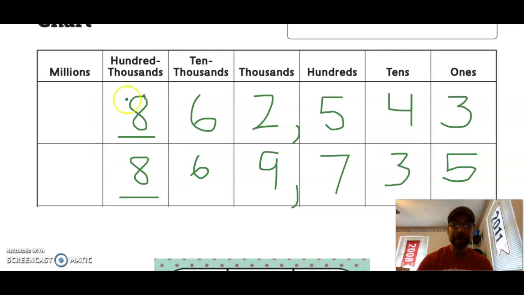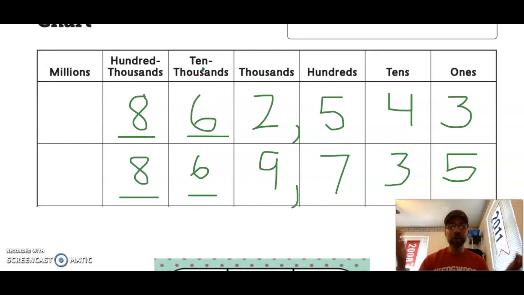Well, the value in both numbers is 800,000. It's the same value. What's the value of the 6 in both numbers? Well, in both numbers, it's 6 10,000s. 10, 20, 30, 40, 50, 60,000.